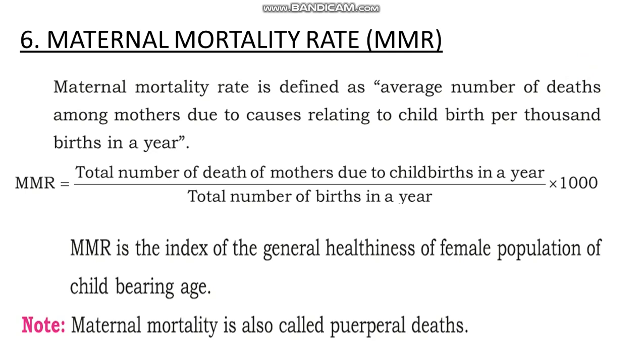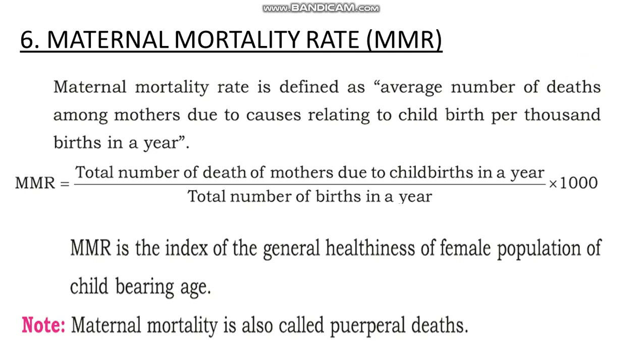What is the definition now? The maternal mortality rate is defined as the average number of deaths among mothers due to causes relating to childbirth per 1000 births in a year.